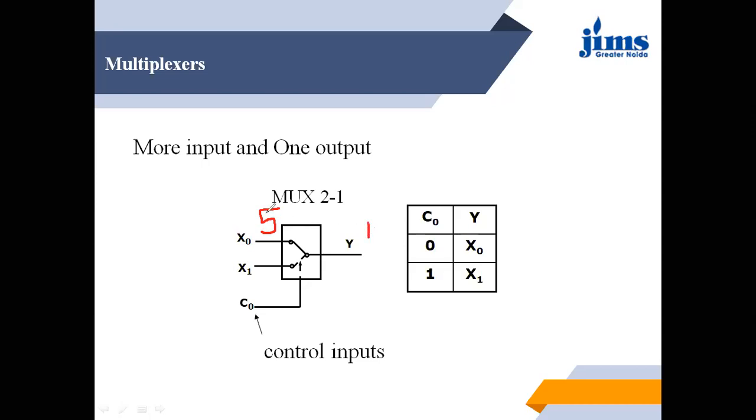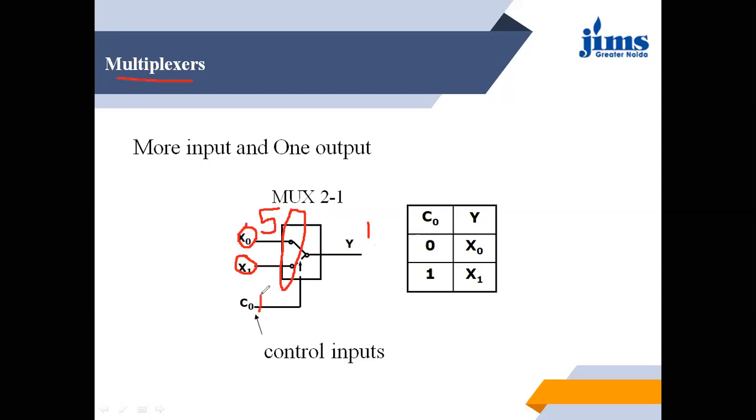Maybe at one time I have to select F0, maybe another time I have to select another line. So a multiplexer is used when we have to select one line among more than one line as an output.